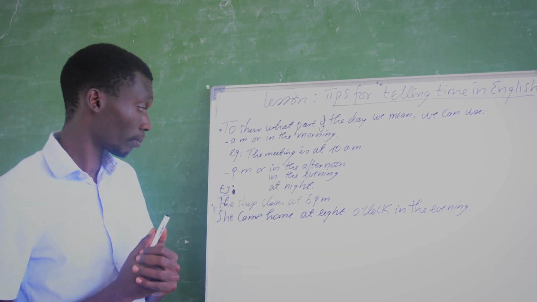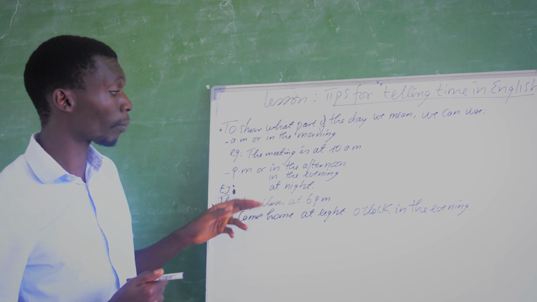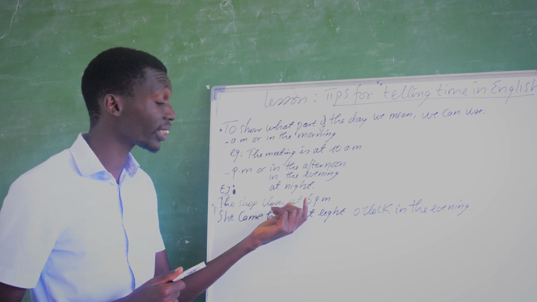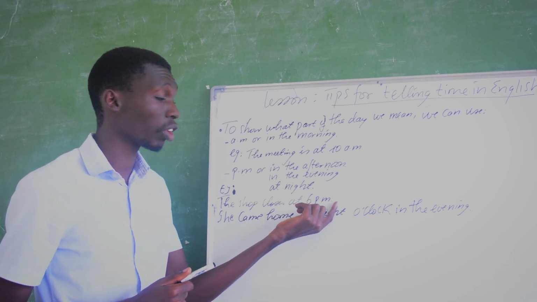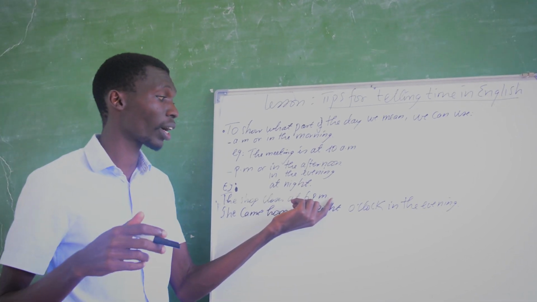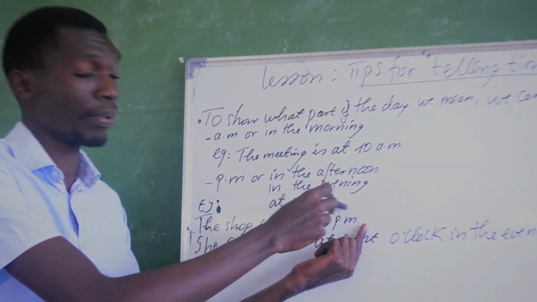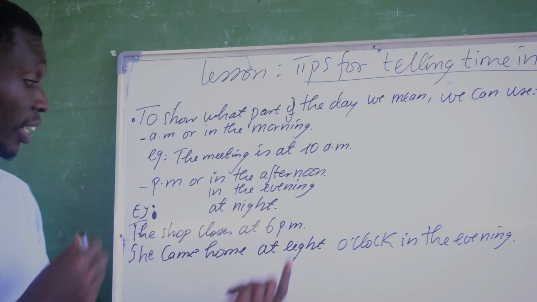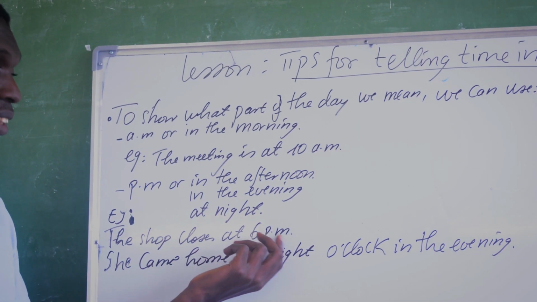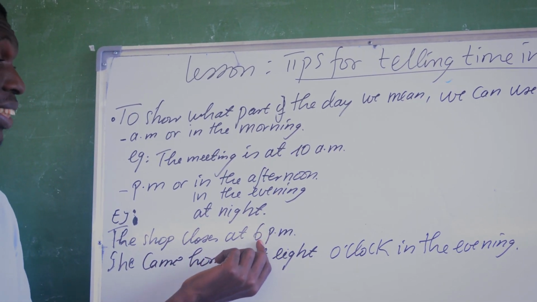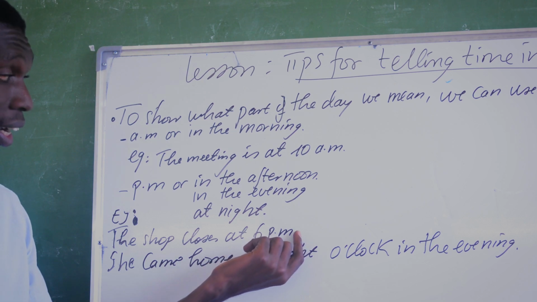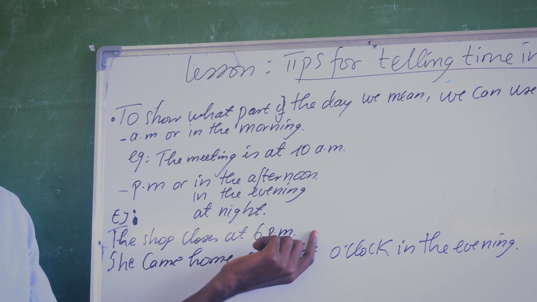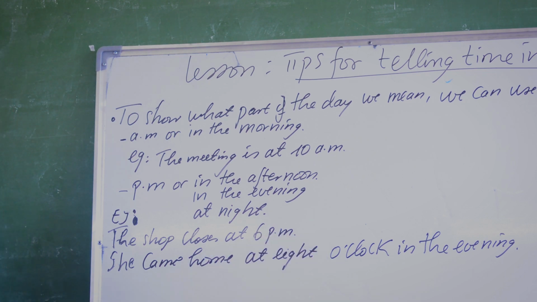At night. Examples? The shop closes at 6 p.m. or the shop closes at 6 o'clock. If I say 6 o'clock, I cannot add this p.m. now. It may sound ungrammatical. Say the shop closes at 6 p.m. or the shop closes at 6 o'clock in the afternoon, or in the evening. Is that understood?